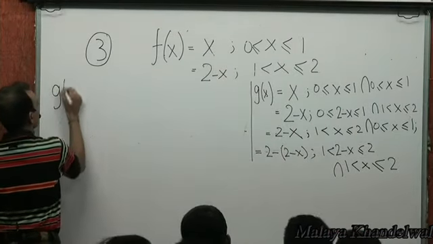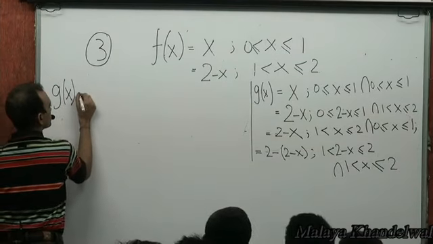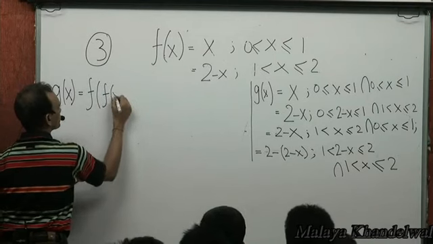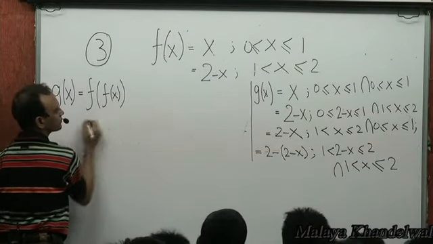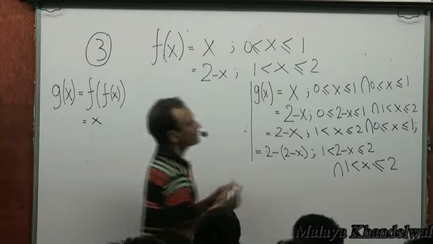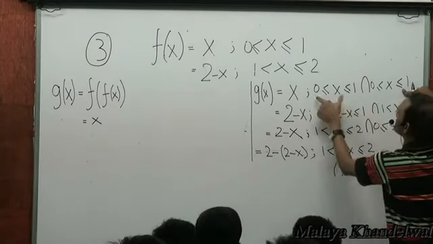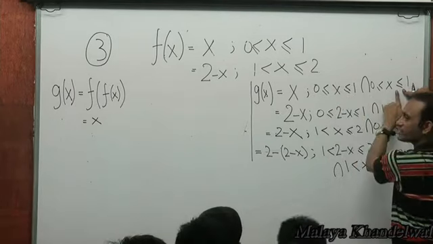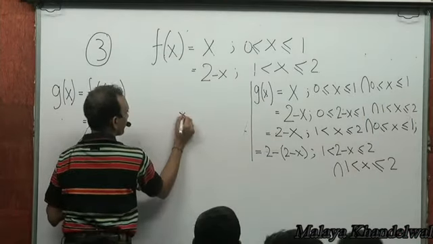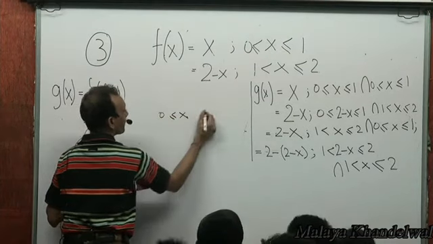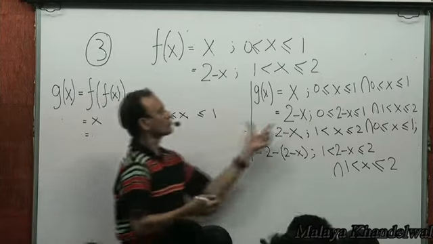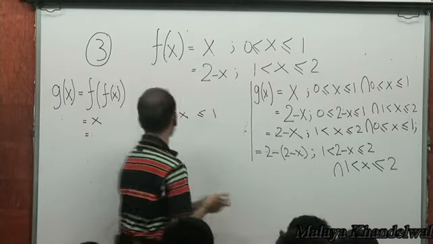g(x), which is f(x), is x. This intersection would be x greater than or equal to 0, less than or equal to 1. Right? The second line of description, 2 minus x.